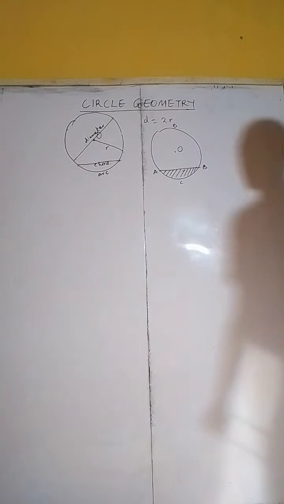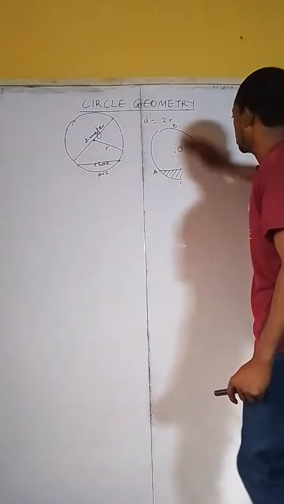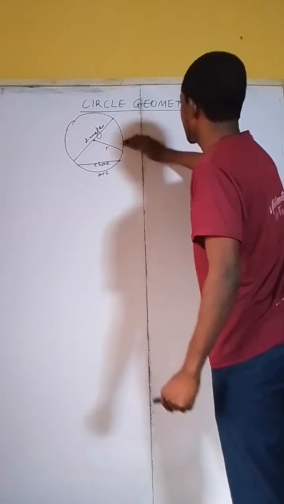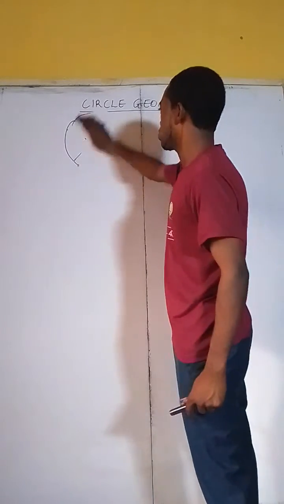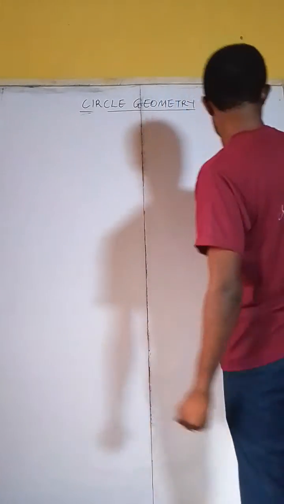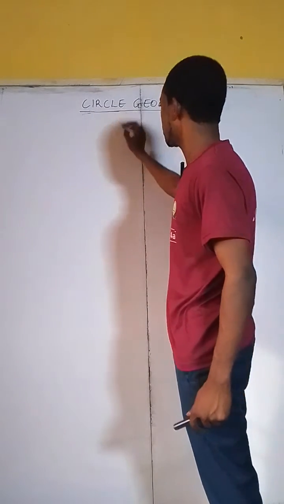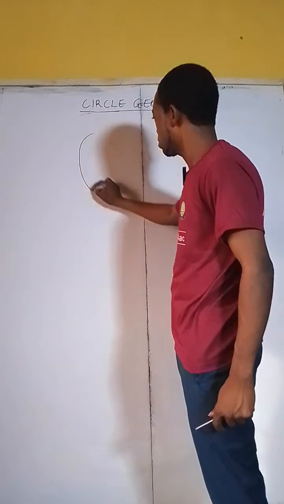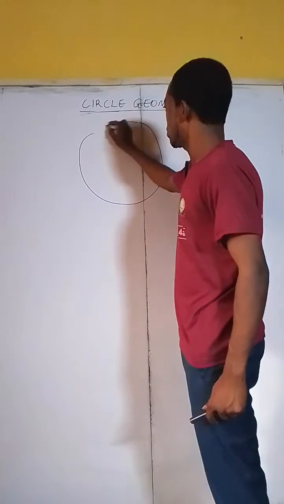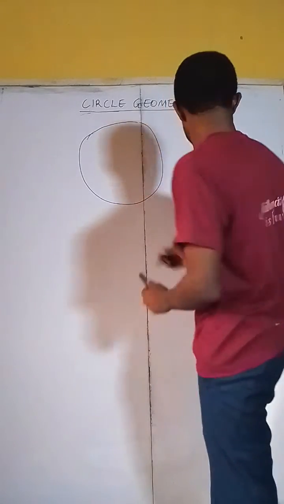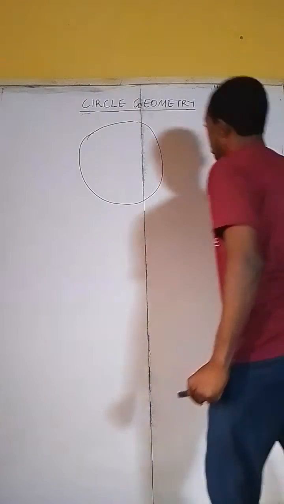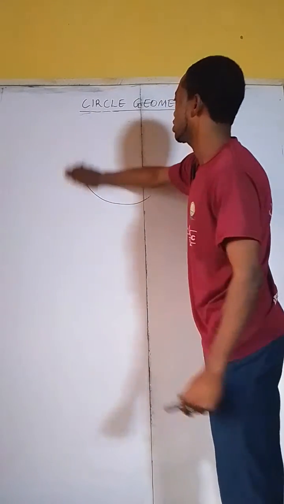Before we state the first theorem under circle, we need to understand something first. For instance, when we have a circle with a center, okay, let's make it smaller.